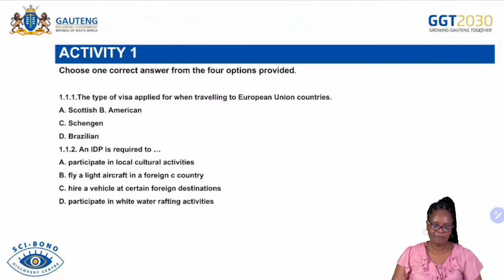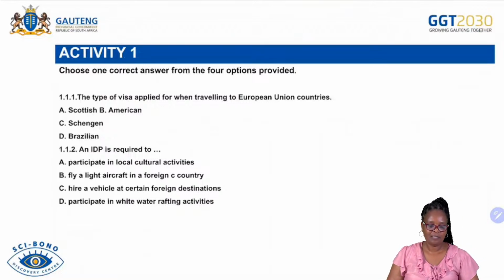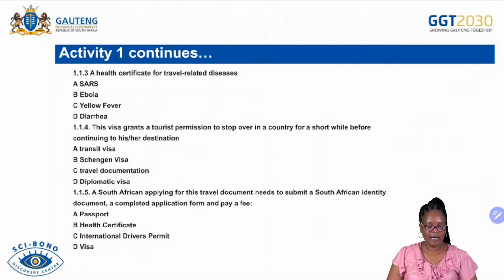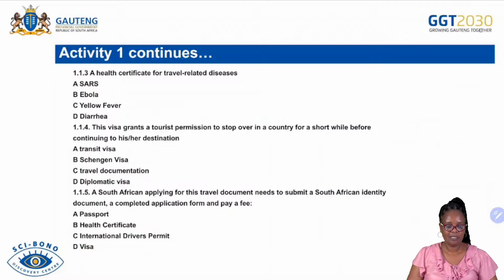Okay, learners. It seems as if I gave you too much time on these 2 questions. So without wasting any time, I want us to go to the next slide. And when you look at the next slide, we have 3 questions. So please spend a minute on this. Strictly a minute.